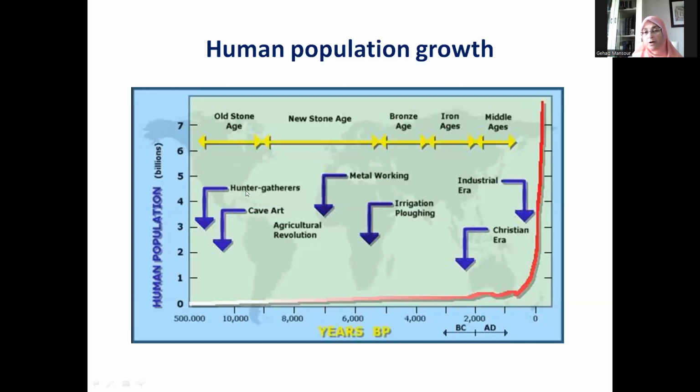Of course, here, for every period, in the Old Stone Age, for example, you have the main characteristics of the population: hunters, gatherers, cave art, and then you have the agricultural revolution.